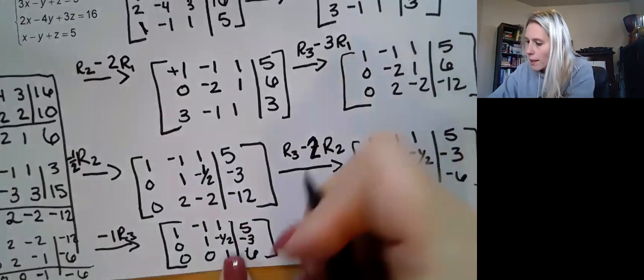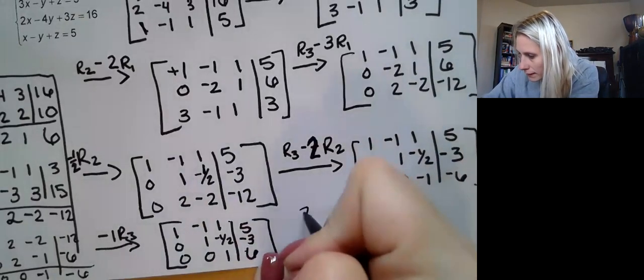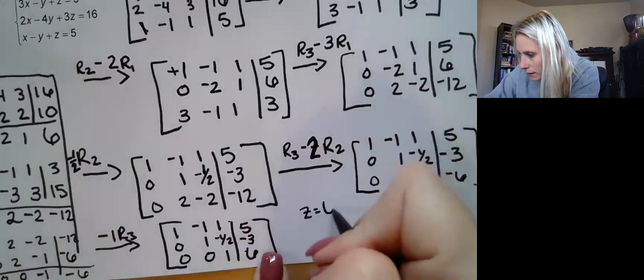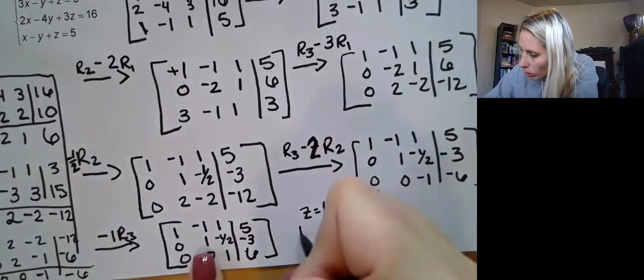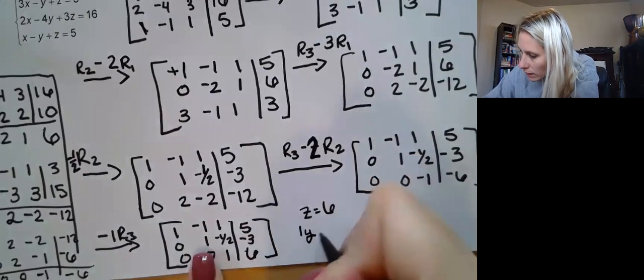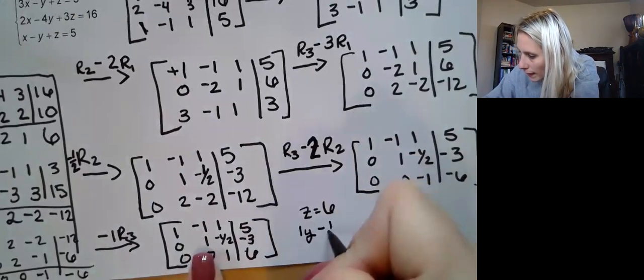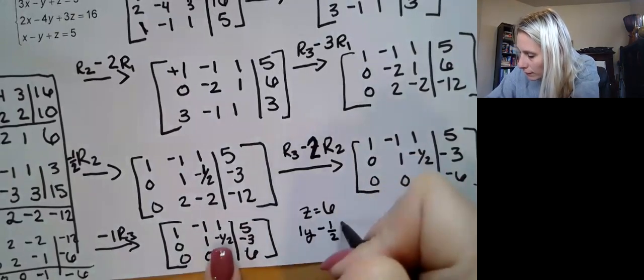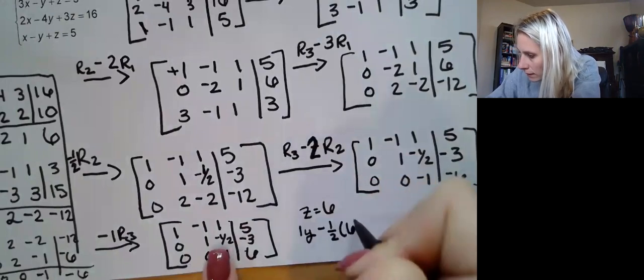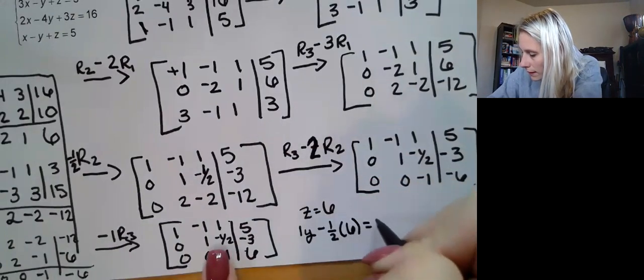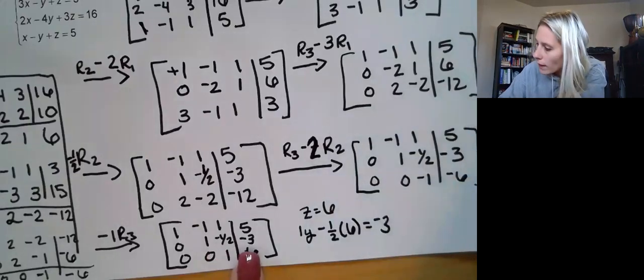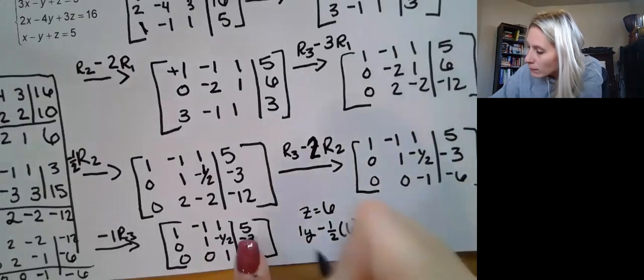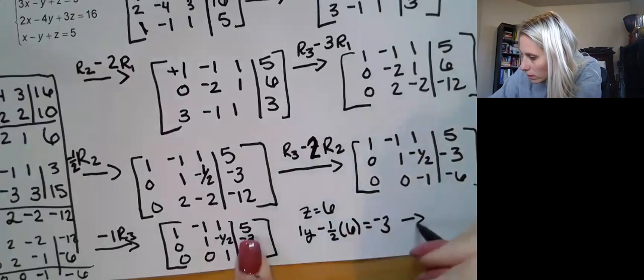Well, first of all, that means that Z is 6, right? That means I can say 1y minus 1/2 of 6 equals -3. And then when I solve for this, I get y equals 0.